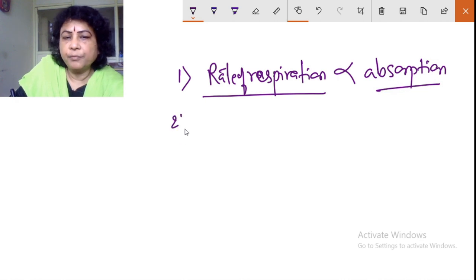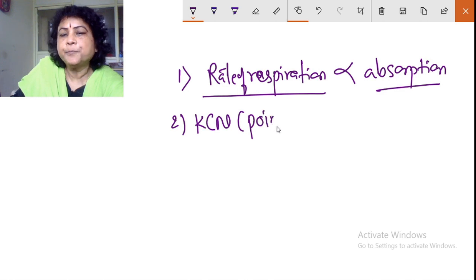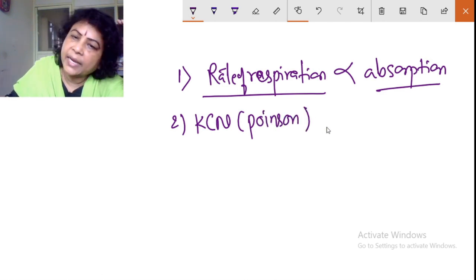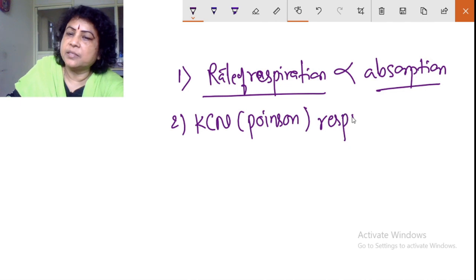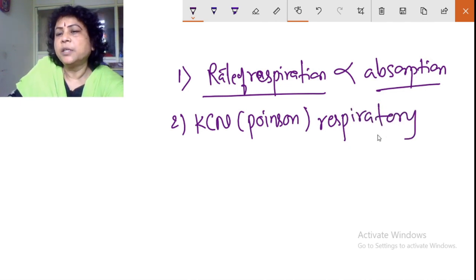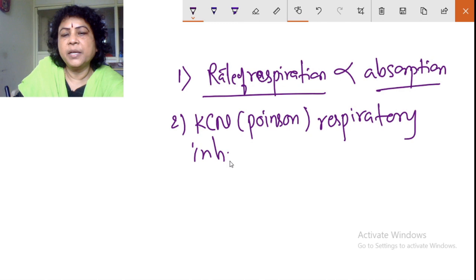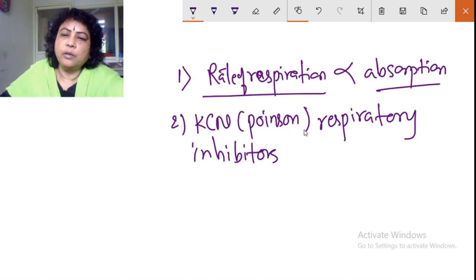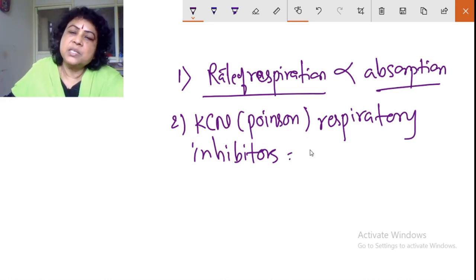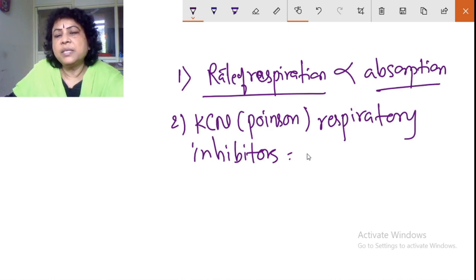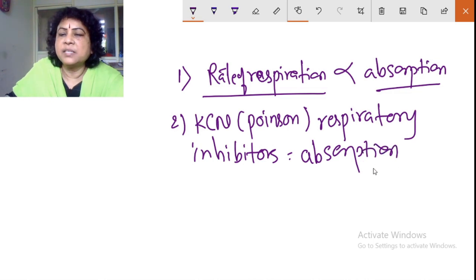The second evidence: when we apply potassium cyanide, a poison, or we can say respiratory inhibitors, these respiratory inhibitors show inhibition of absorption, or no absorption.